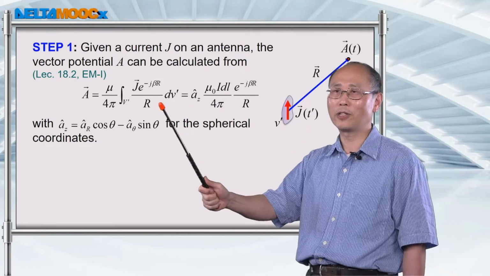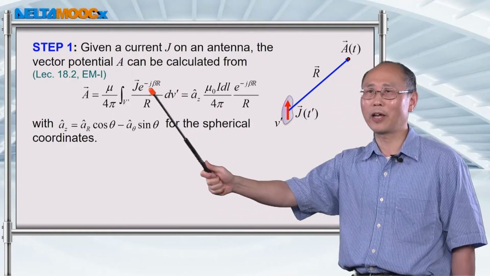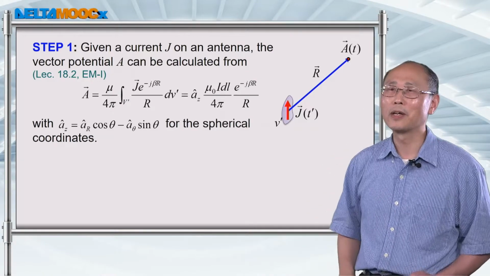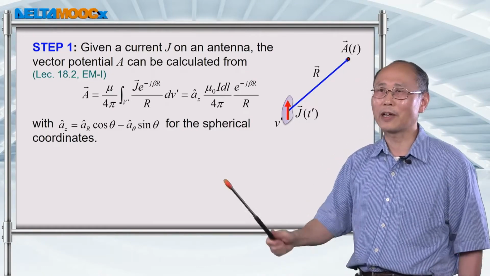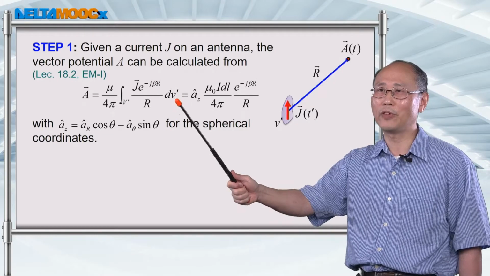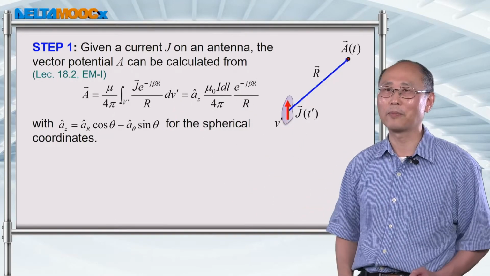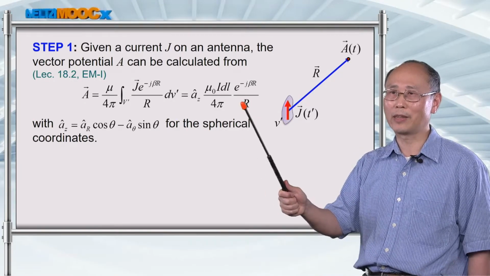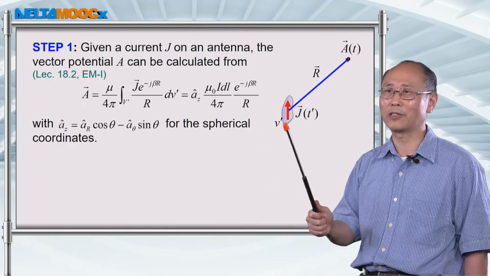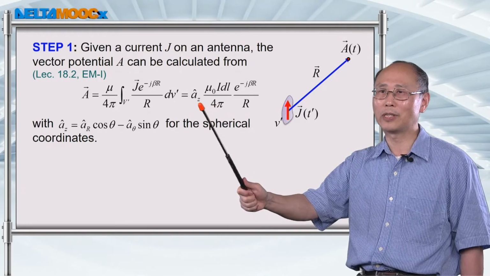So this integration is very simple. You just take everything outside the integration sign, and then just write the dV prime as the volume occupied by this current element, and then you'll be able to get this result. Because the current is along the z direction, the vector potential is also along the z direction.